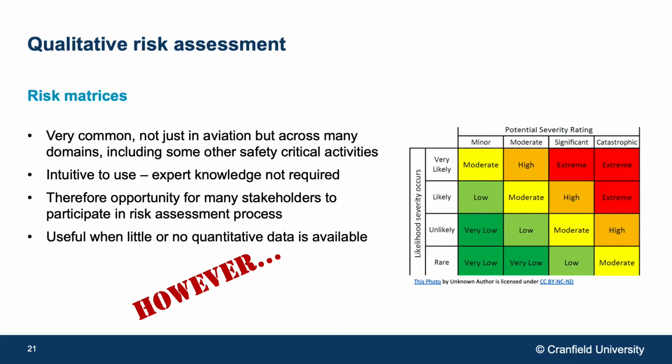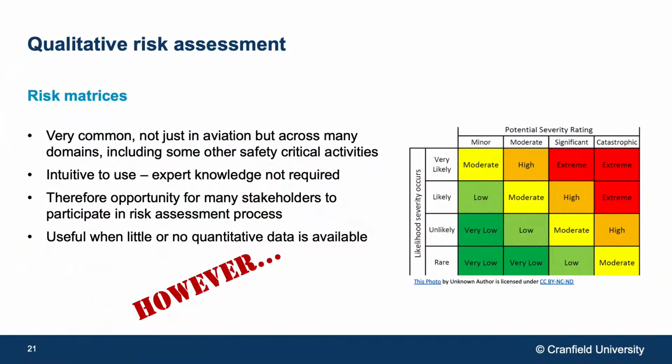There's not a huge barrier to understanding them and learning how to use them. That's a good thing in that it allows lots of people, lots of stakeholders, to get involved in the risk assessment process, because they are easy to use. And they're very useful, or can be useful, when there's little or no data available. So we are relying more on subjective, qualitative methods.